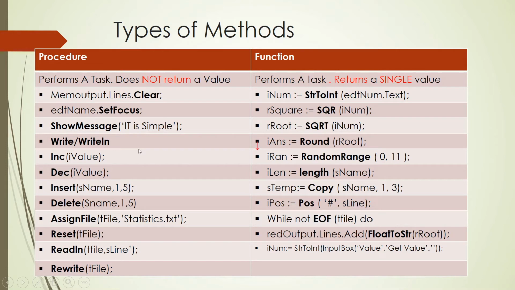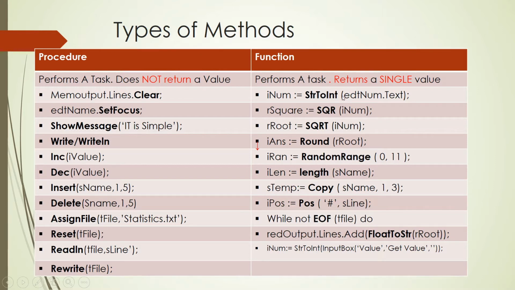Let's now look at built-in functions. Remember, a function performs a task, returns a single value. StrToInt, we've used it so often. Did you realize that it was a function?